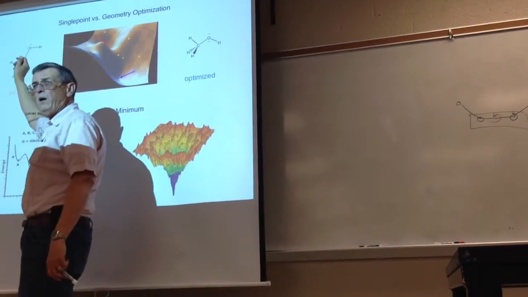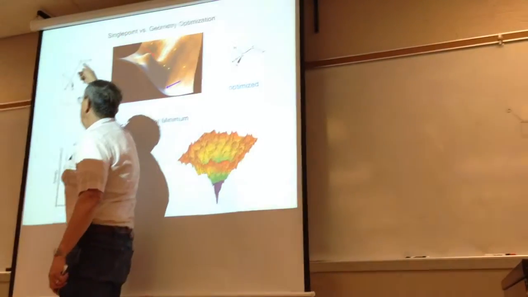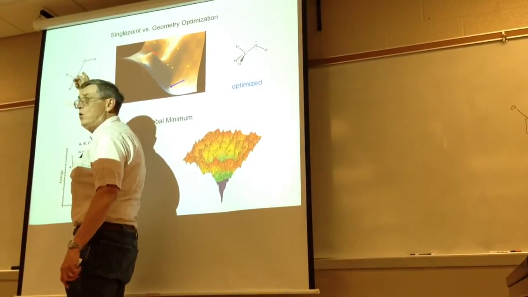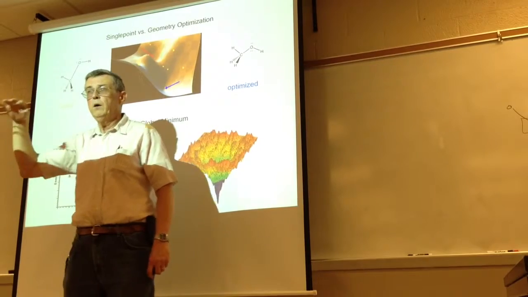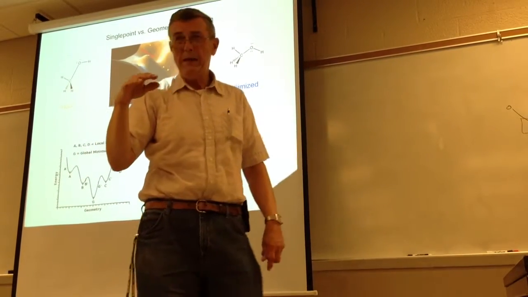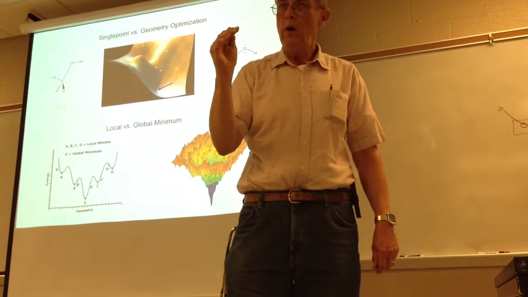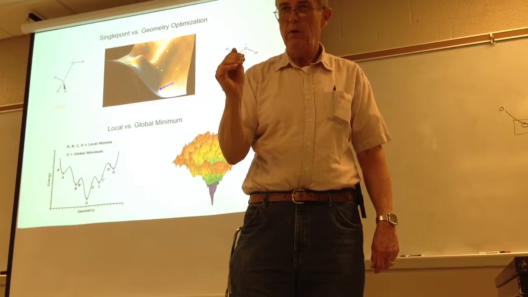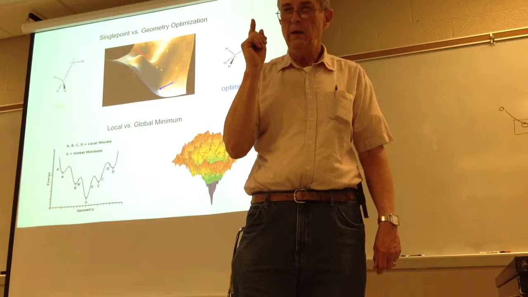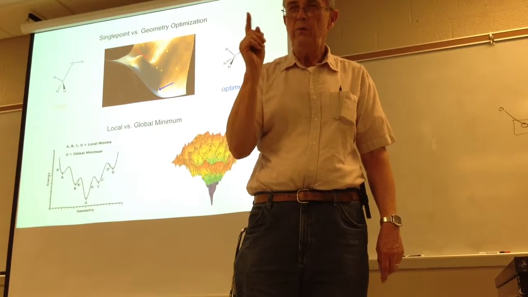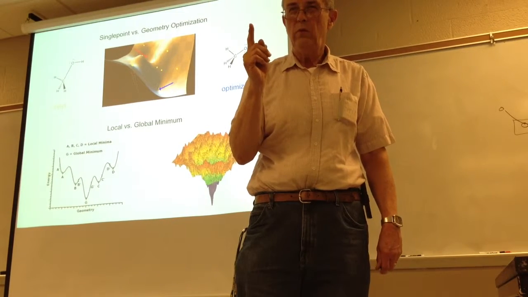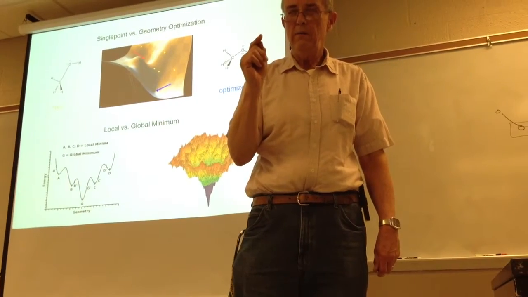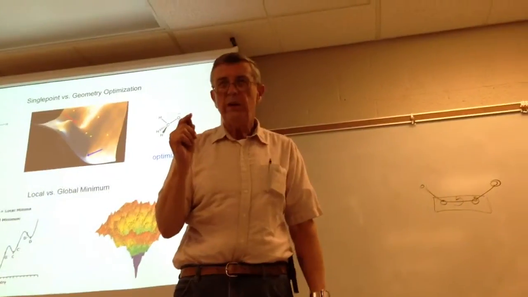Oh, the energy gets better. Oh, that's great. And it'll keep moving it, and the energy will get better and better. And by that I mean it will be a more and more negative number. And that's a critical thing to remember, that these energies should be negative values, and the more negative, the more stable the structure is.